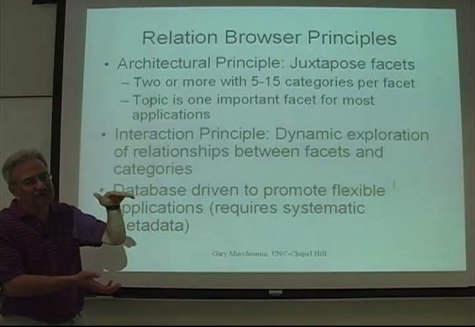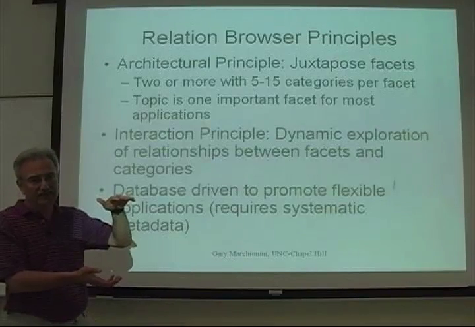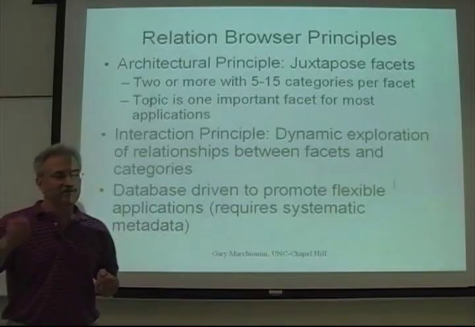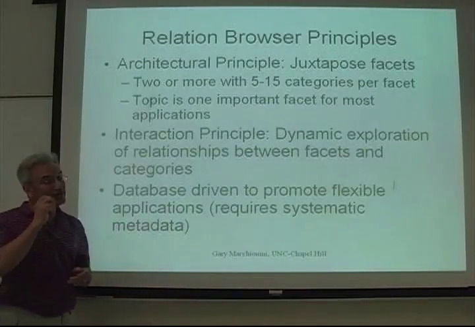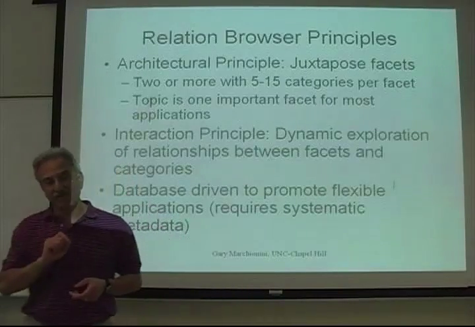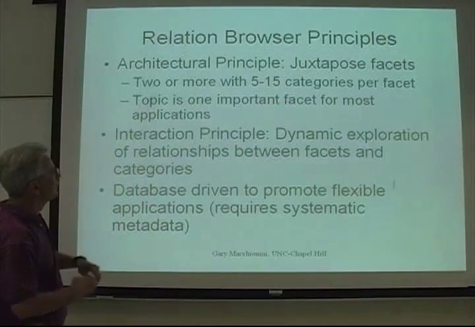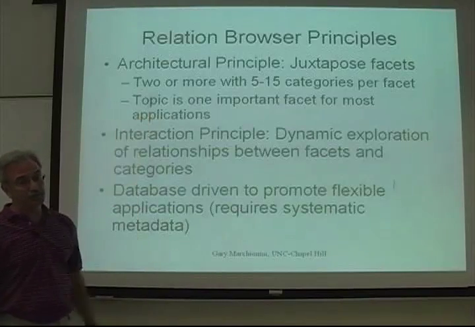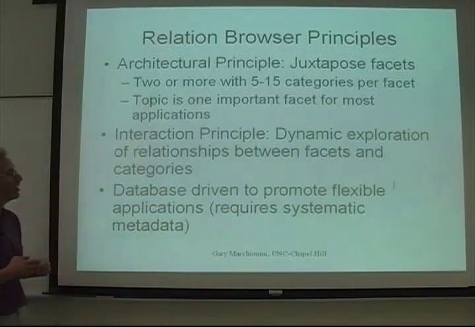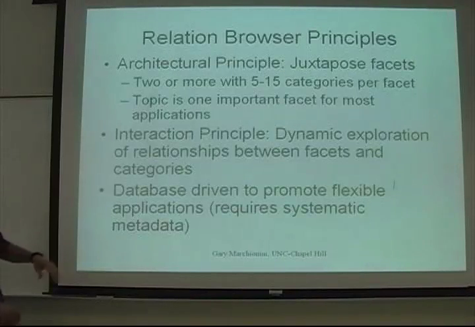If you have to scroll, this is a dead-in-the-water kind of application. You can't have any scrolling here. You want everything to be very dynamic and fast. So that limits the number of rows, if you will, or categories within a facet that we can handle. Topic is really one of the most important facets in all kinds of applications, and so that's where we've spent most of our research effort.